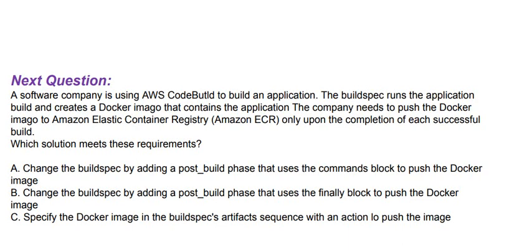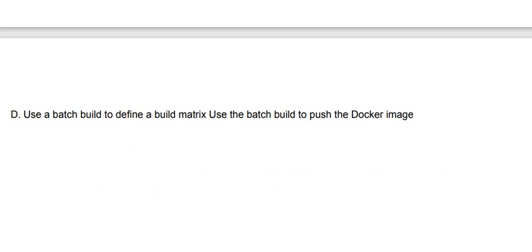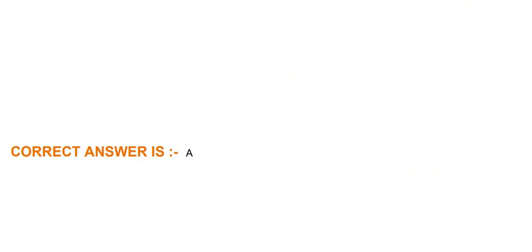Option C. Specify the Docker image in the buildspec artifact sequence with an action to push the image. And option D. Use a batch build to define a build matrix. Use the batch build to push the Docker image. The correct answer is option A.